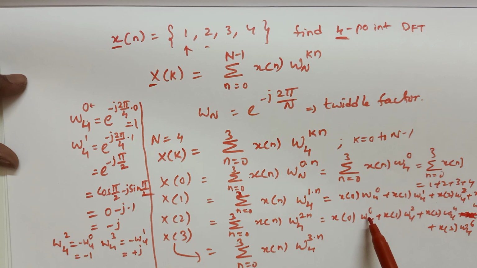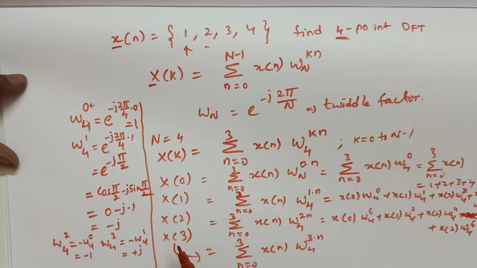Here we know the twiddle factors only up to 0 to 3. If the power is more than N minus 1, N is 4 so N minus 1 is 3, and if N is 8, N minus 1 is 7, we need another approach.